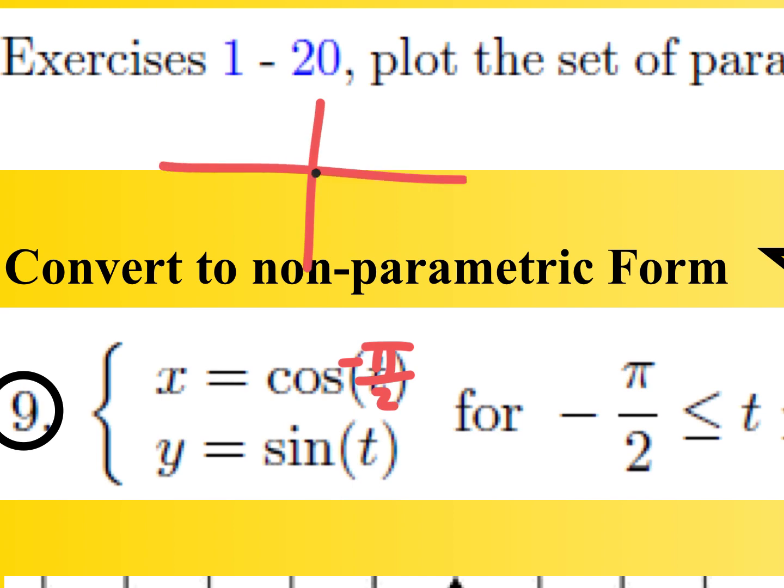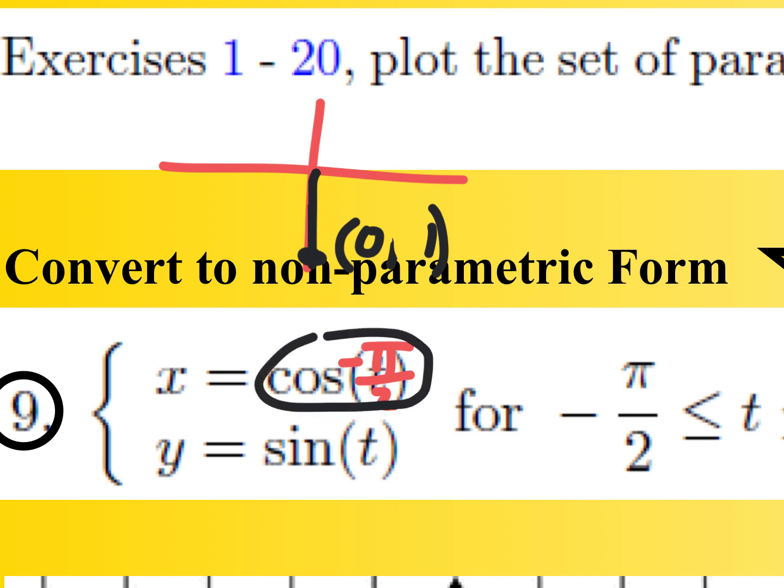Oh, yeah, that's down here. That's where negative pi over 2 is. And then I got to know those numbers. This is 0 comma negative 1. And then if I was going to do cosine of that, it's the x. And so what's the answer? 0. Because that is really 0.